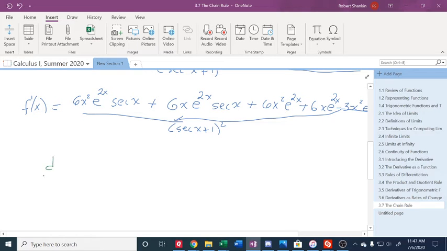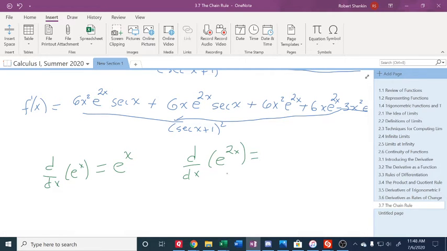The derivative of e to the x is e to the x. The derivative of e to the something like 2x is, we're going to actually finally get an explanation for this after today's lesson.